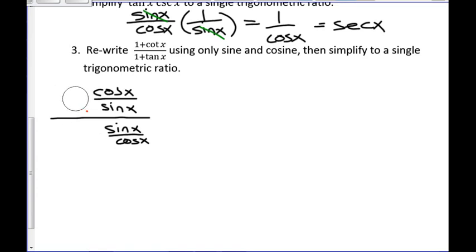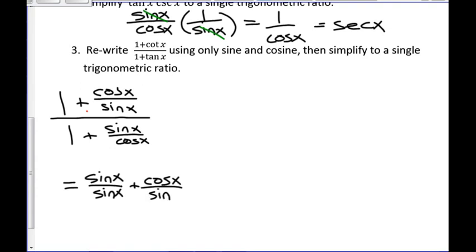Okay, so what we have is 1 plus here. If I want to put the top together in a single fraction, I'll need a common denominator. So I could rewrite the number 1 as sine x over sine x. And on the bottom, I could write the number 1 as cos x over cos x.